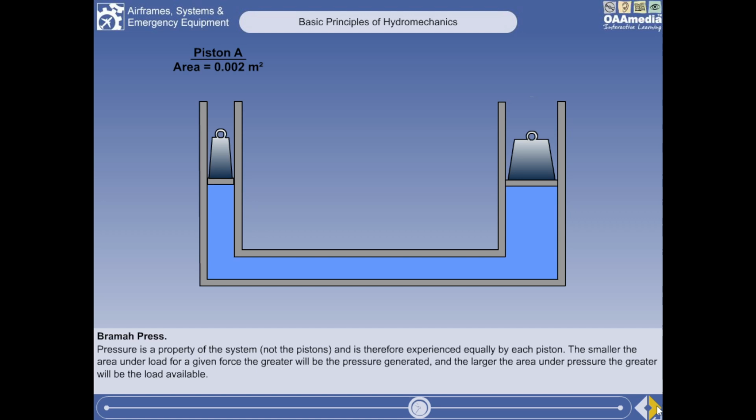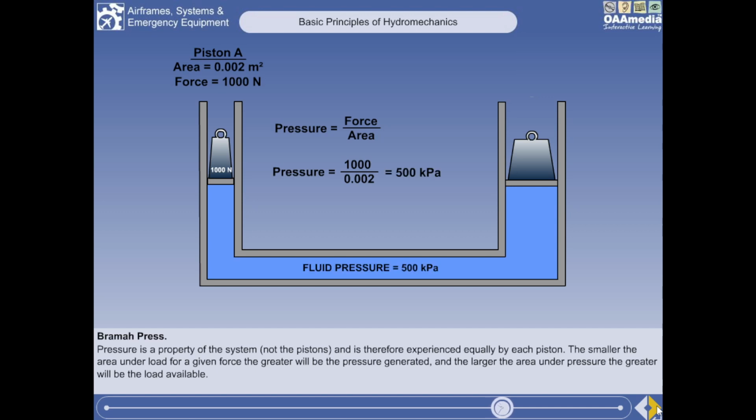In our example, piston A has an area of 0.002 square meters, and we are applying a force of 1,000 newtons to it. We know that pressure equals force divided by area, so this will produce a pressure of 1,000 divided by 0.002, which equals 500,000 pascals, or 500 kilopascals.